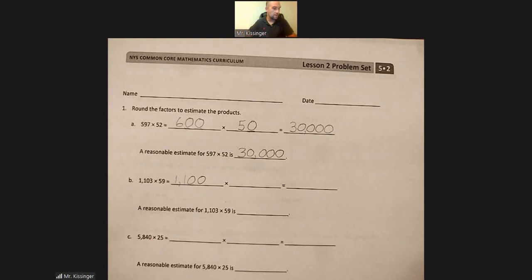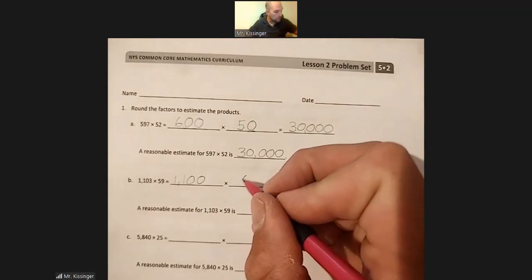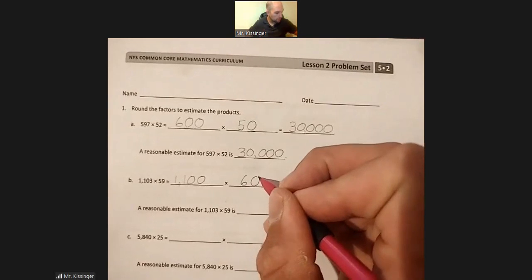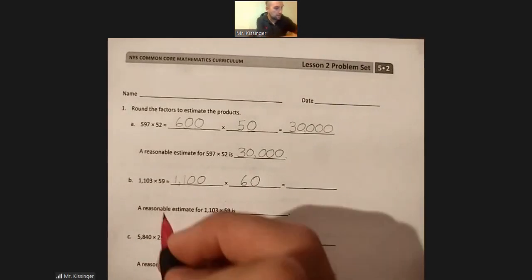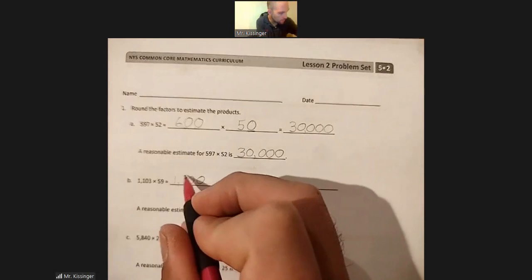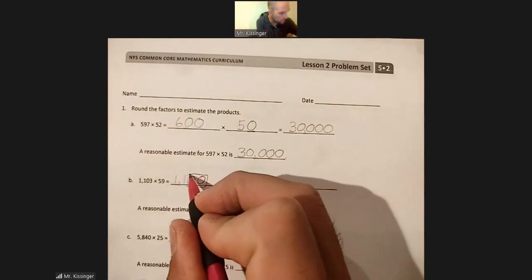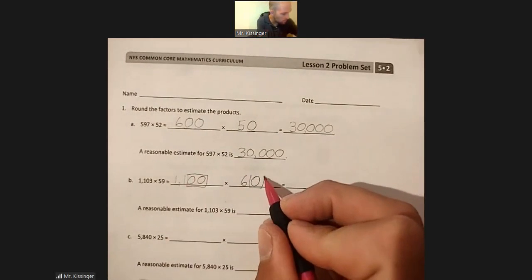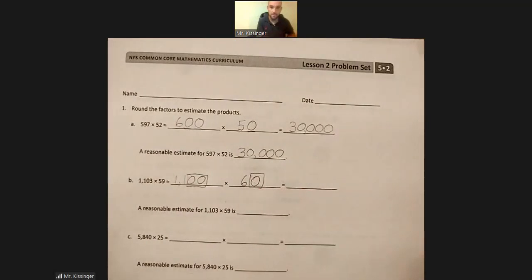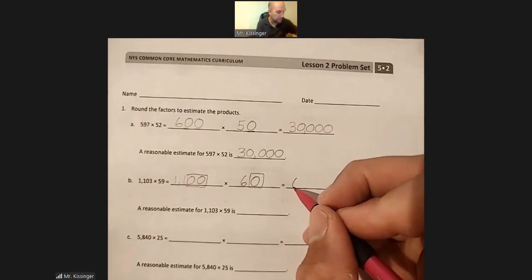Now, our second number, 59, we'll round that to the nearest 10. We'll round it to 60. So now we'll take our zeros, and we'll remove those for the moment. And we have 11 times 6. 11 times 6 is 66.